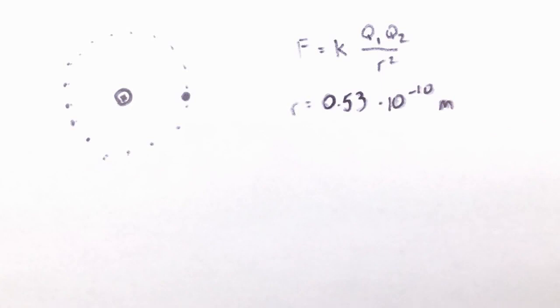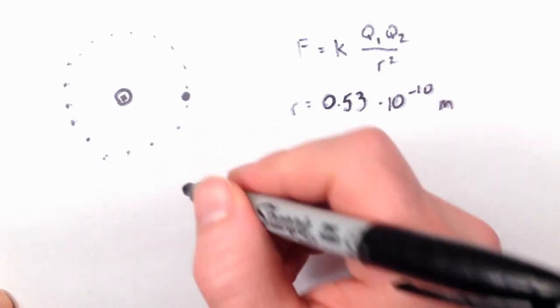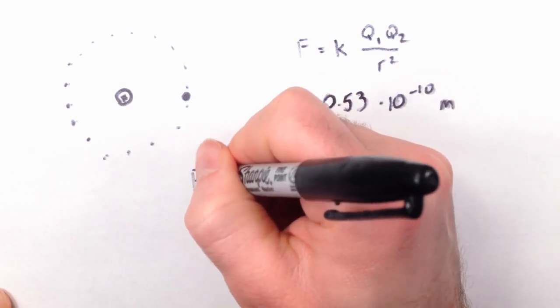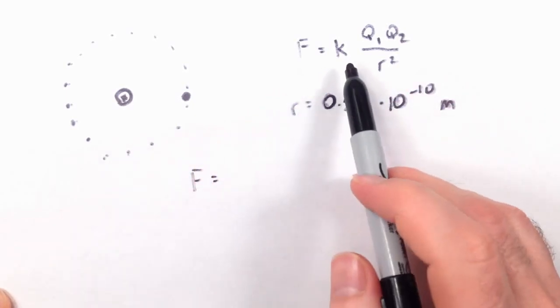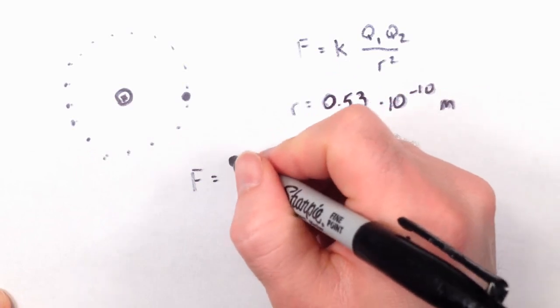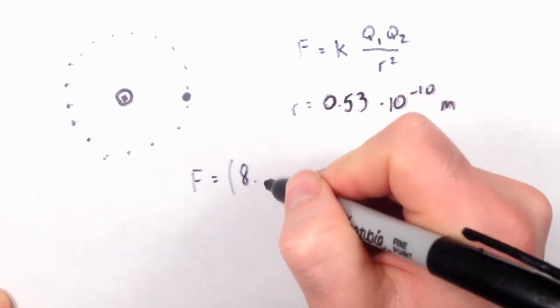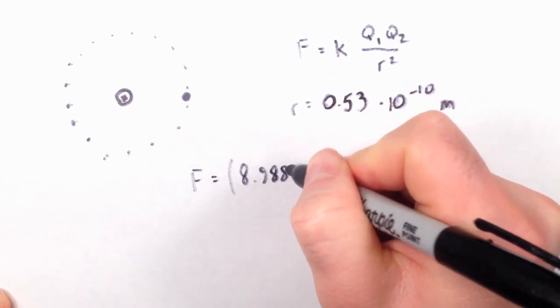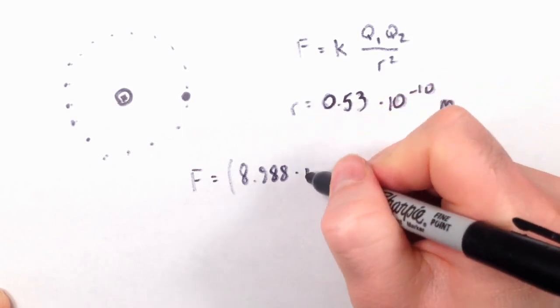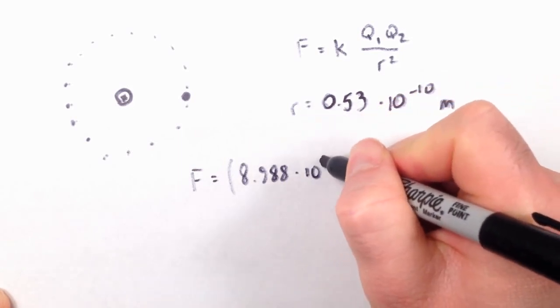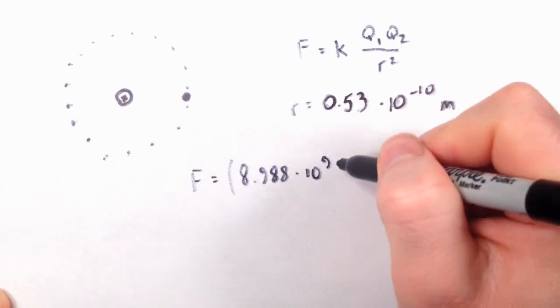So if we were to put everything into the equation, it's going to look like this. The force is equal to that constant K, 8.988 times 10 to the 9th. I'm going to leave the units off so it fits all in one page.